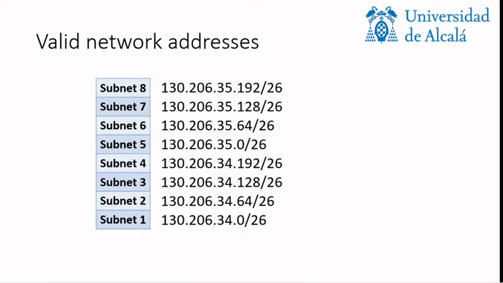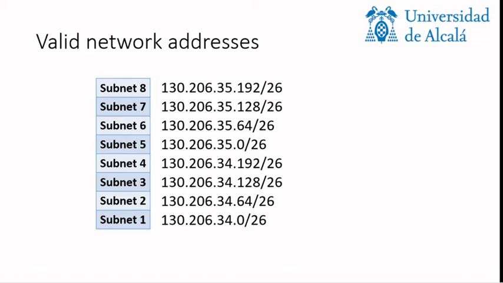So now let's take a look at some valid network addresses. In this example, all of these addresses are valid and all of them have the same size. Okay, we are starting at the bottom here with 34.0/26, and this would be the last one. This whole set of addresses are consecutive. So many times we have to aggregate these network addresses.